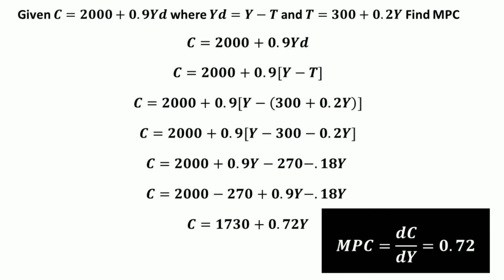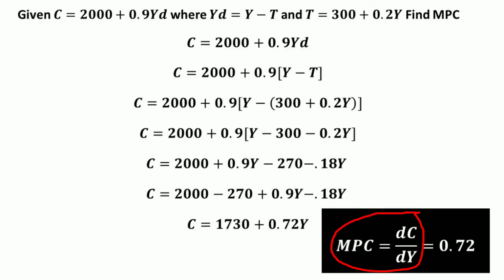If you solve this, then the consumption function is equal to 2000 minus 270 plus 0.9Y minus 0.18Y. So in this case, the consumption function is equal to 1730 plus 0.72Y.